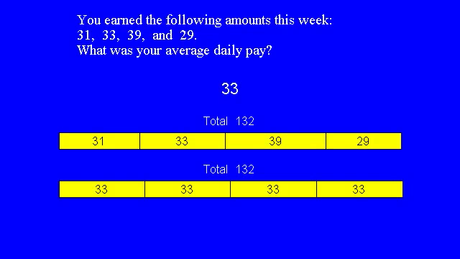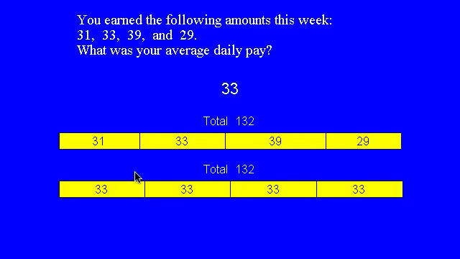One place where you use division is in doing averages. For example, if your earnings for the week were $31 on Monday, $33 on Tuesday, $39 on Wednesday, and $29 on Thursday, what was your average daily pay? Well, an average is evening things out.